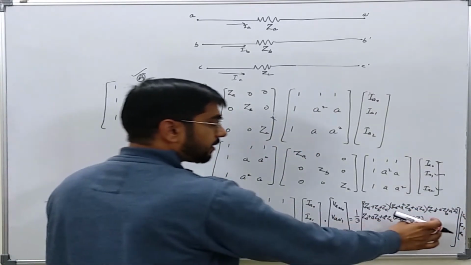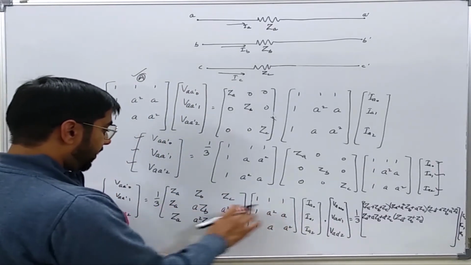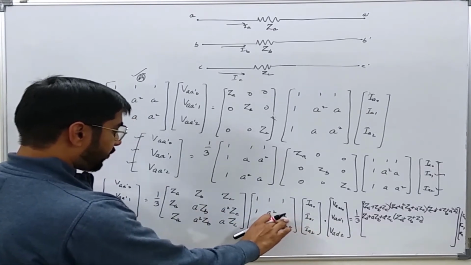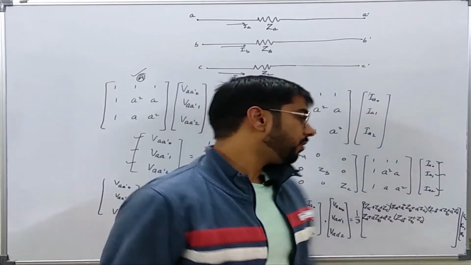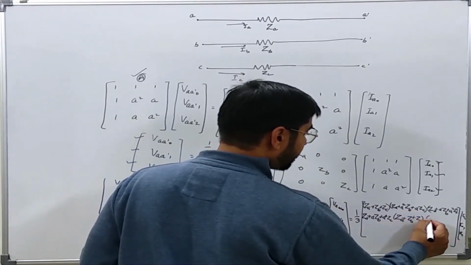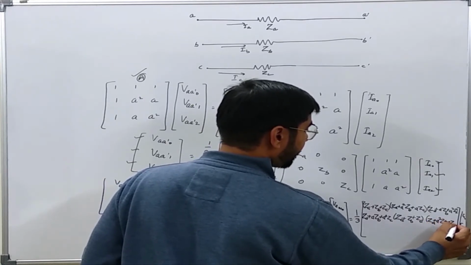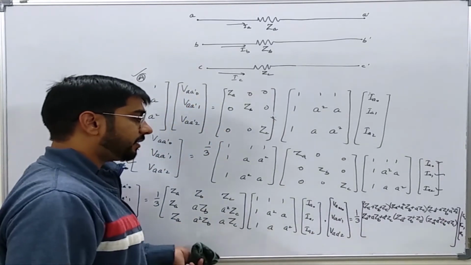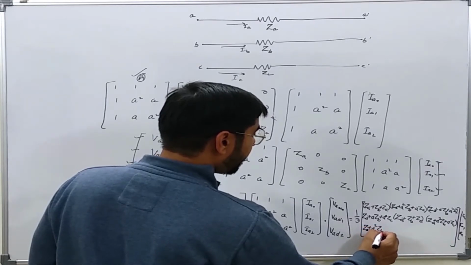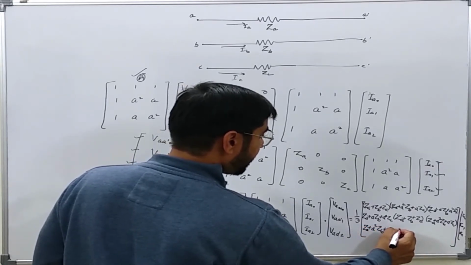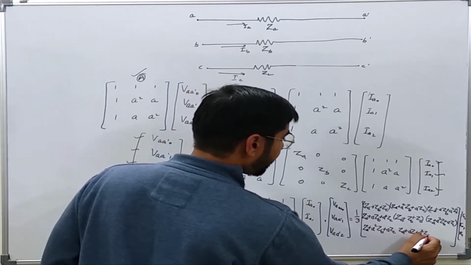Now the third column of the second row, ZA plus A square ZB plus A4 ZC. Now A raised to power 4 is equal to A only, so I will write it directly, ZA plus A square ZB plus AZC. Similarly, we can write the third row, ZA plus A square ZB plus AZC, and ZA, AZB plus A square ZC.